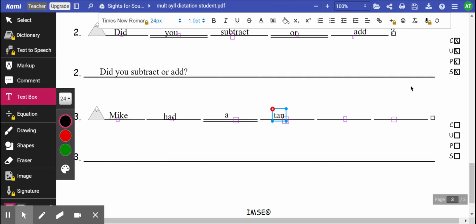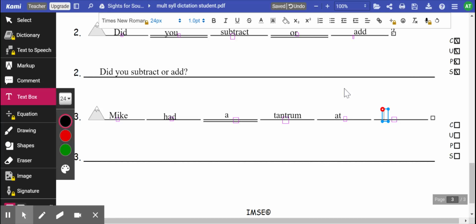Tan. The second syllable is trum. T and R, U says u, and M says m. And the next one is at. A says at and T says t. At.